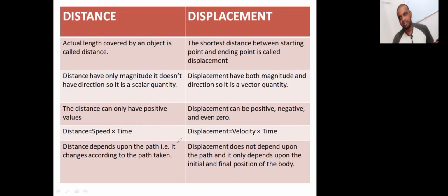And coming to the displacement, displacement doesn't depend upon the path, it depends only upon the starting point and ending point, which are nothing but the initial and final points.